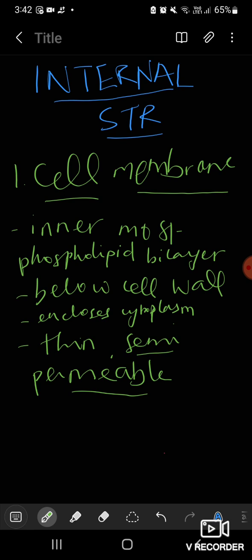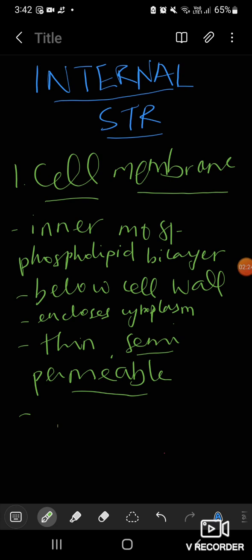That means that it allows only certain particles to pass through the layer, unlike the cell wall, which allows all things to pass through. This layer is sort of like a school guard, which checks who is eligible to get inside.